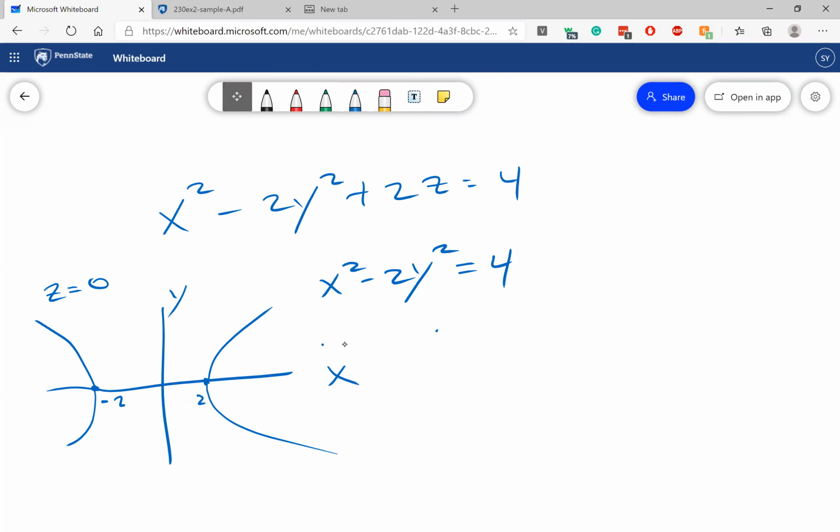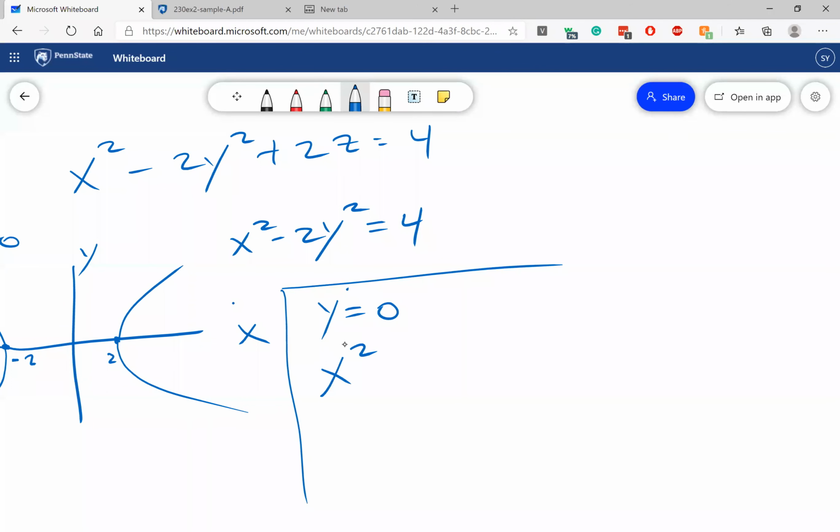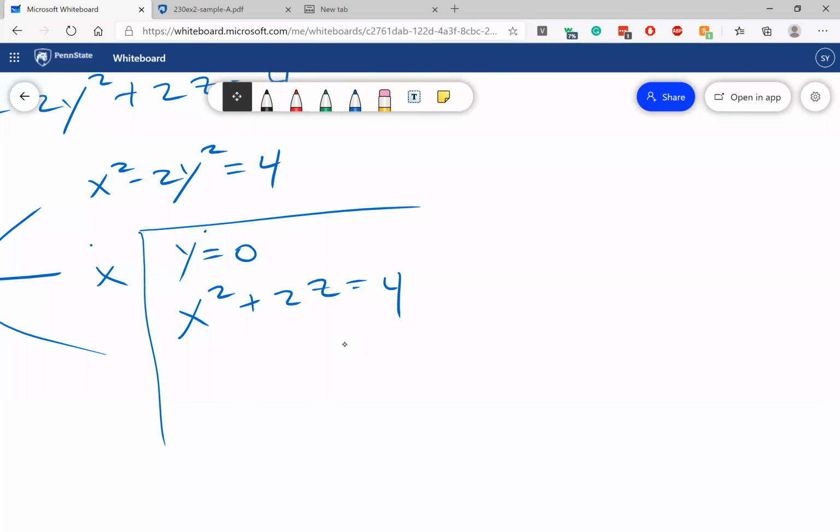So now the next part is setting y is equal to 0. Then you would have x squared plus 2z is equal to 4. And this is a parabola. So if you make your xz plane, we can move the x squared to the other side.